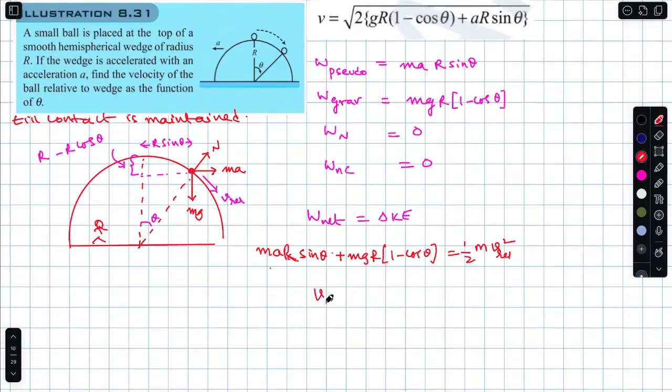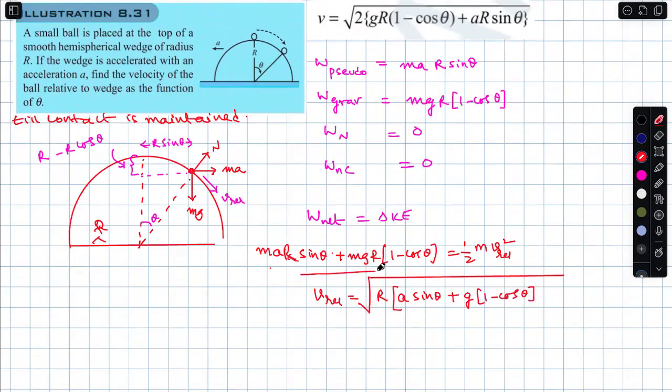So V relative is nothing but that's the deal. Any doubts?